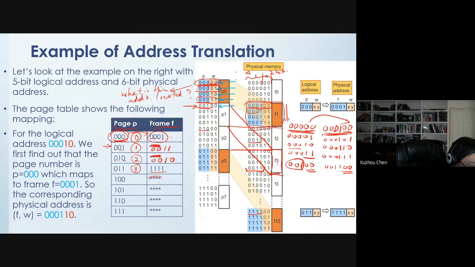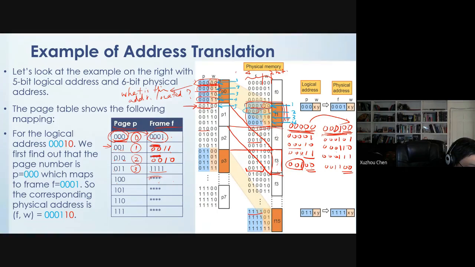So I execute the instructions in this order. Then I find each of the instructions in these logical memory locations corresponds to the physical address location here. So the CPU will fetch the instruction in this physical location, the first, second, third, and fourth instructions.